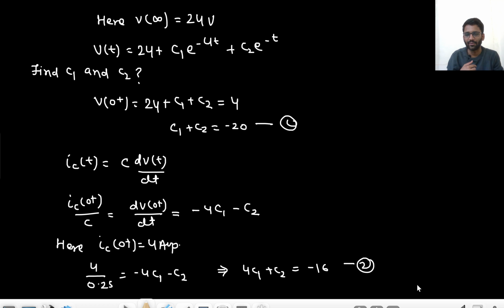From there you can get the values of C1 and C2. So C1 you are getting 4 by 3, and C2 you are getting minus 64 by 3. Just a lot of calculation is there, right? This will be the last step actually.